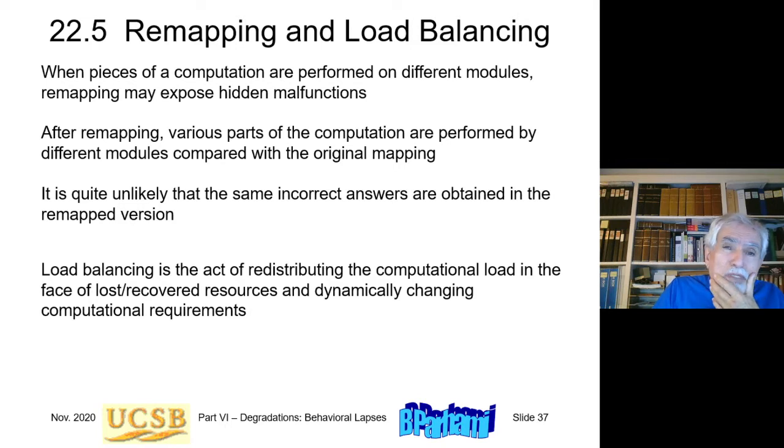Another concept is remapping. Once a site malfunctions, we may have to remap the computation so that we avoid using that malfunctioning site. Load balancing is a related concept. When sites malfunction, the load of the other sites can get out of balance because the load of the malfunctioning site must be distributed to others.